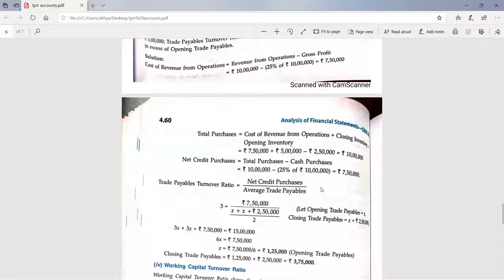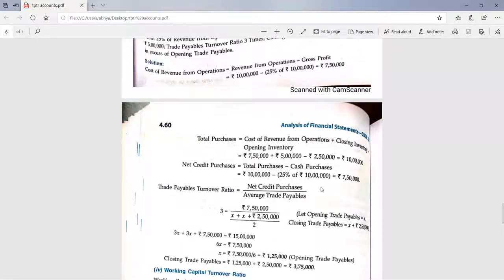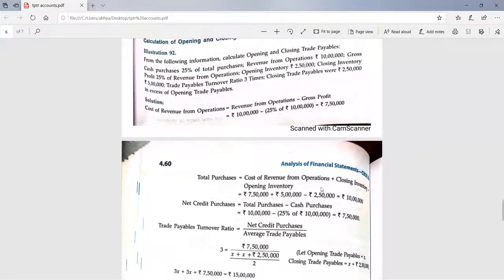upon X plus X plus 250. What is this? Opening trade payables are given in the question, and the closing trade payables are, I am reading again, closing trade payables were 2,50,000 in excess of opening trade payables.